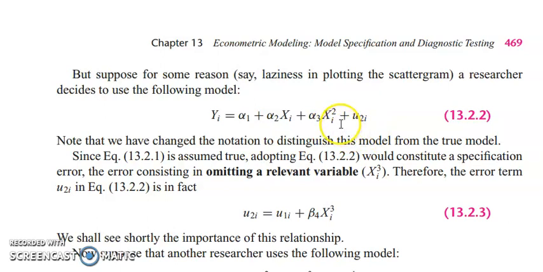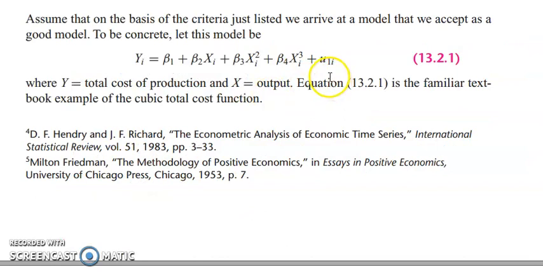Since the original model is the correct model, the model that is used is omitting a relevant variable, xi to the power of 3. Therefore, the error term in this model, u2i, will equal u1i plus beta 4 xi to the power of 3. Meaning that the error term in the model used will include the term which is not included, beta 4 xi to the power of 3, plus u1i.